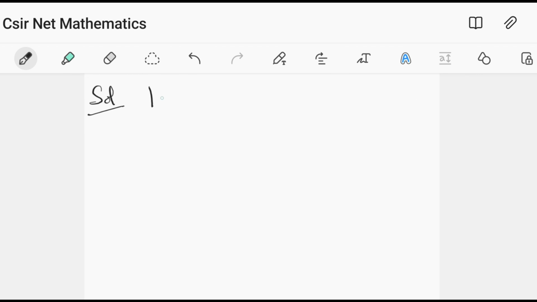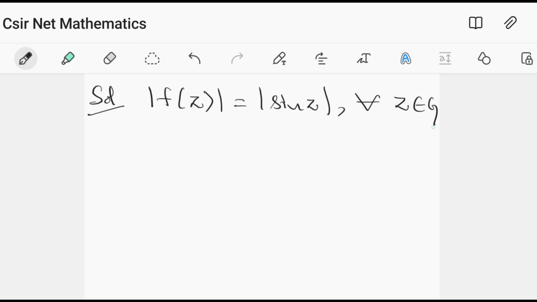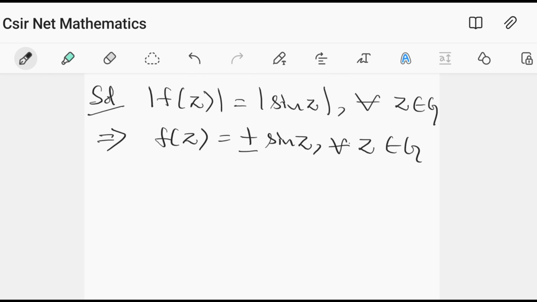Solution: we have mod of f of z is equal to mod of sin z for all z belonging to capital G. Here, when you remove the mod symbol, what do we get? f of z will be equal to plus or minus sin z. We don't know whether it's a plus or a negative sign, so let us write plus or minus sin z for all z belongs to capital G.